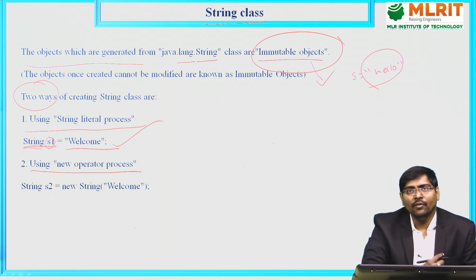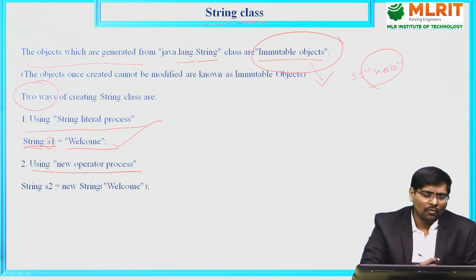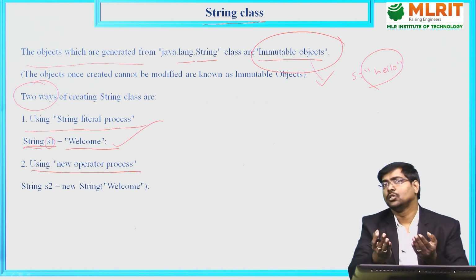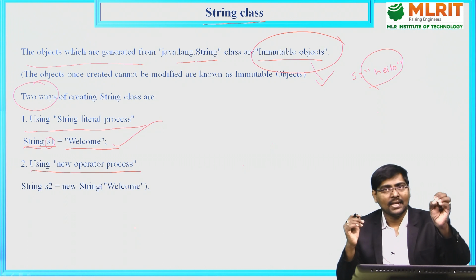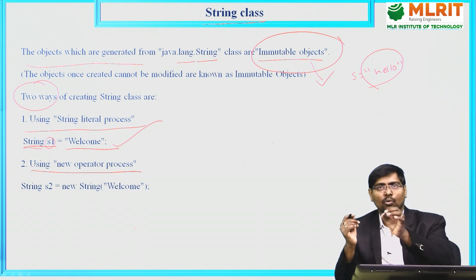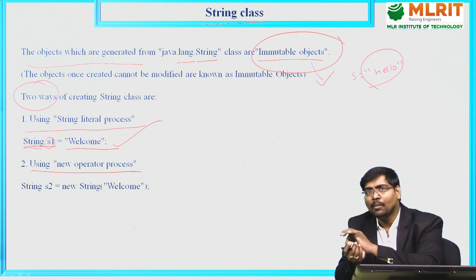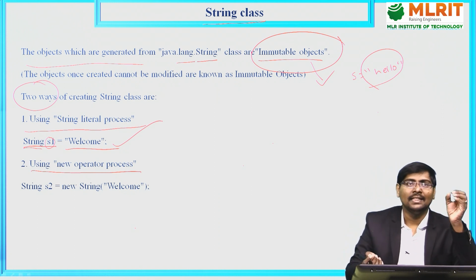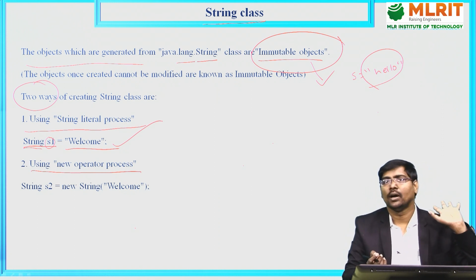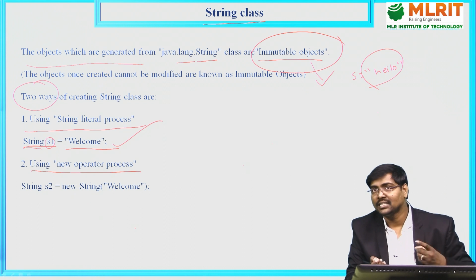The second way is by using the new operator. What is meant by this? As usual, how do we create an object? Class name, object is equal to new class name of. In a similar fashion you create a string. Here, what is the class name? String.